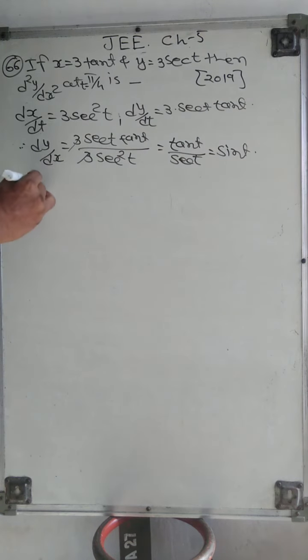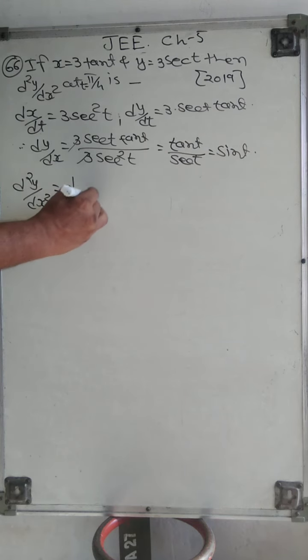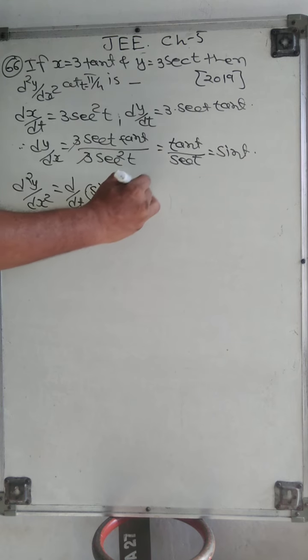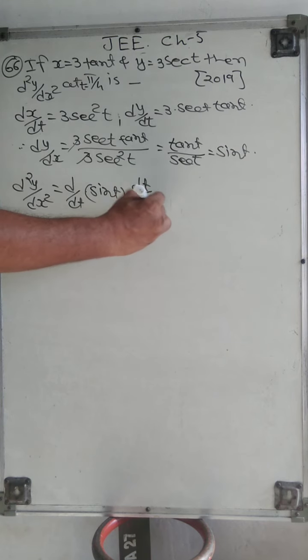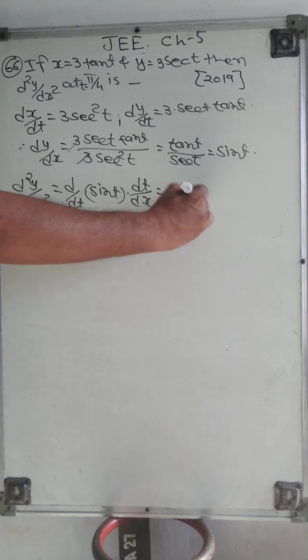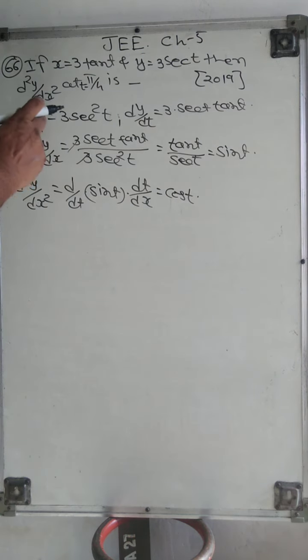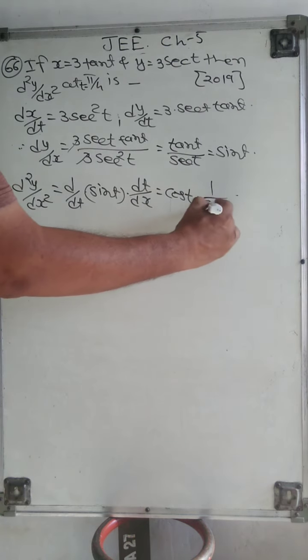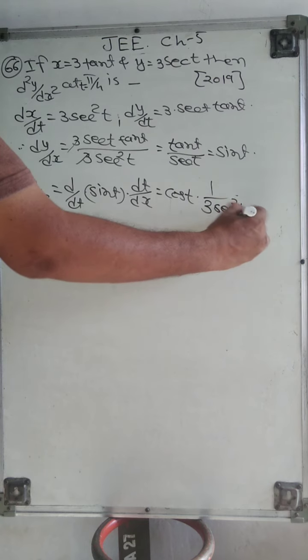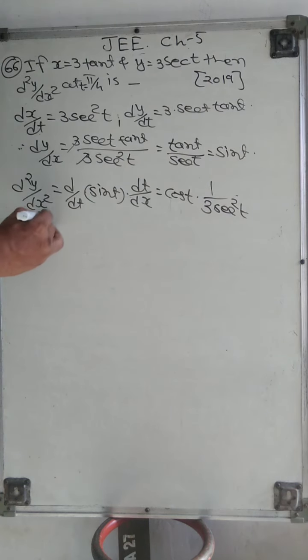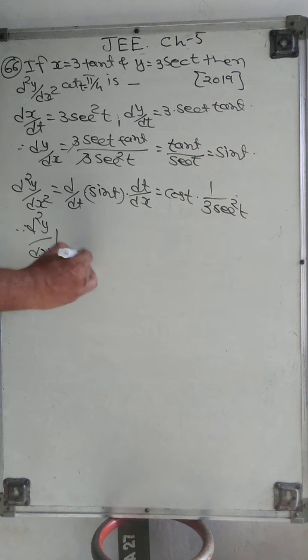Now d square y upon dx square is equal to d upon dt of sin t into dt upon dx. It is cos t into 1 by 3 sec square t. Now here we want to find d square y upon dx square at t equal to pi by 4.